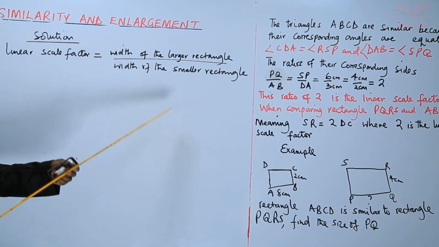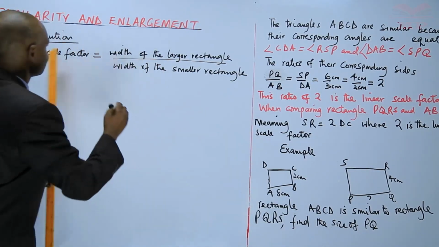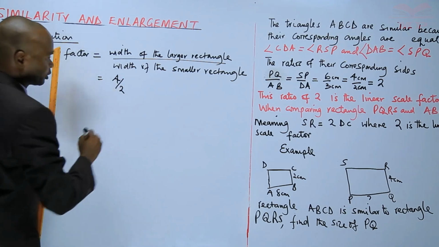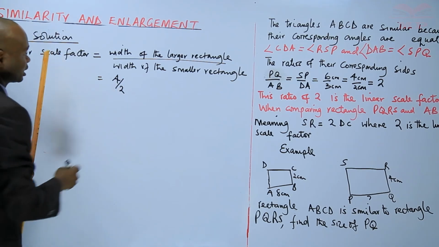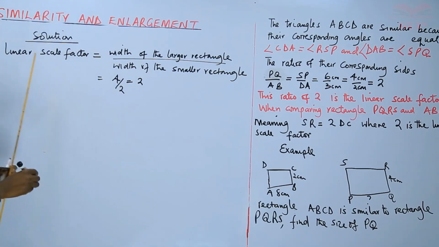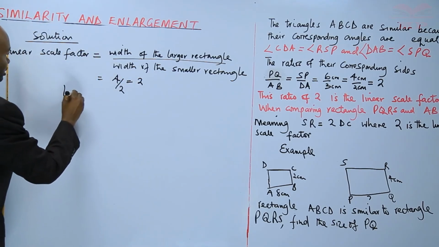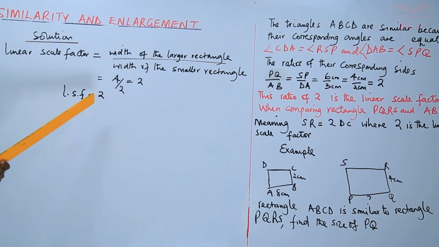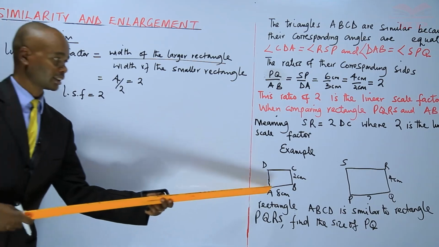So the width of the larger one is 4 divided by 2, so the linear scale factor is equal to 2.